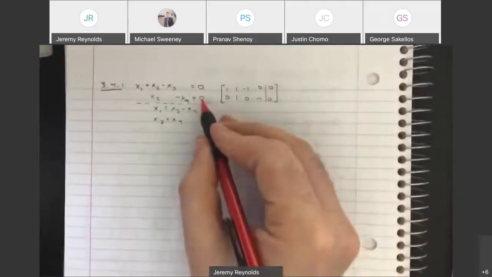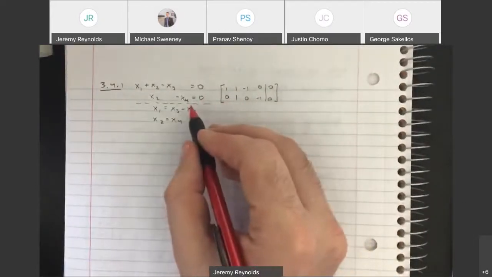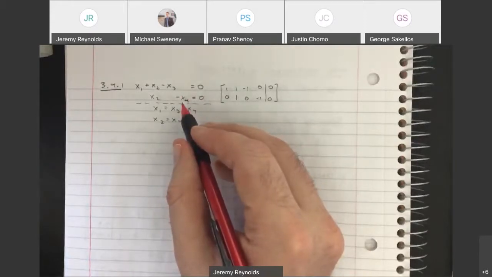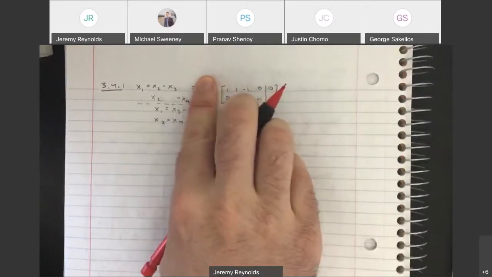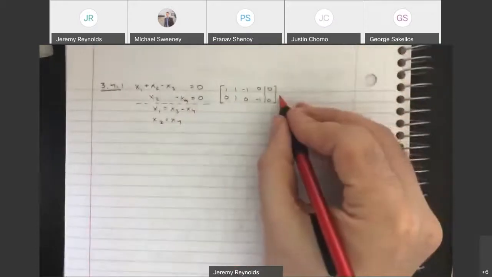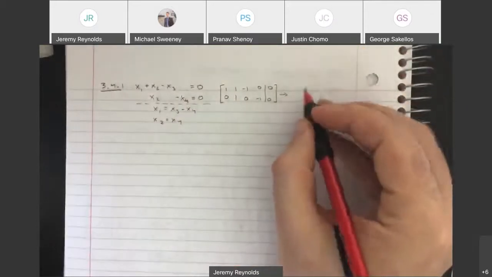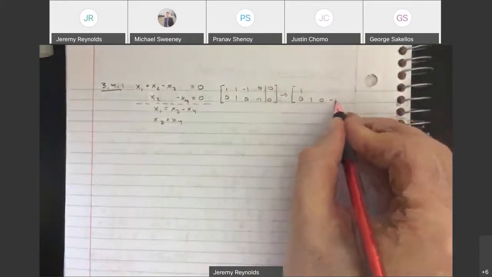Notice that this is a homogeneous equation. So what we're really solving for here is the null space. We're finding the null space of this matrix, and then we're finding the span of that null space. So this is a really easy one.